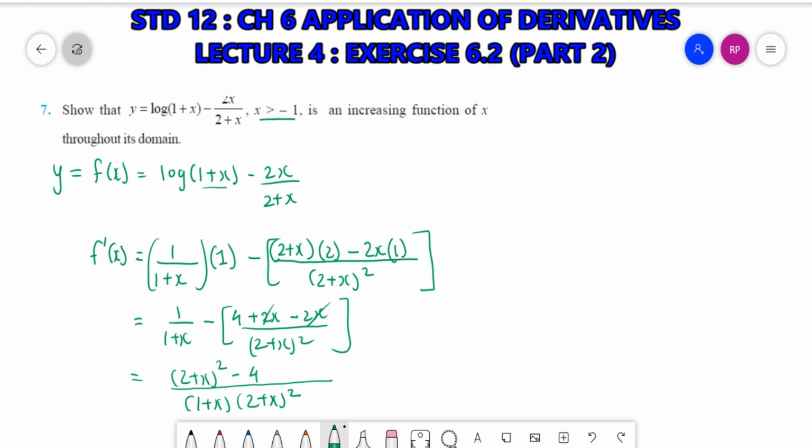Okay, so now solving it further, I will get f dash x equal to, oh sorry, here it will be 4 into 1 plus x.